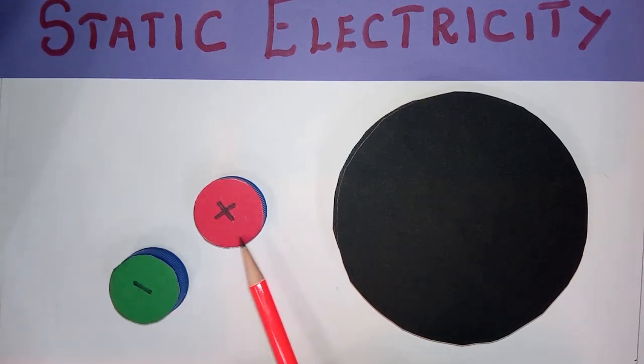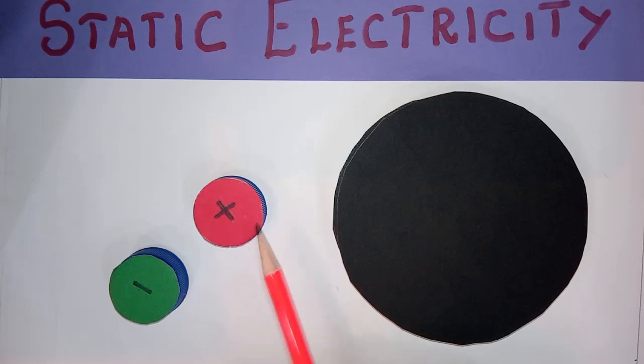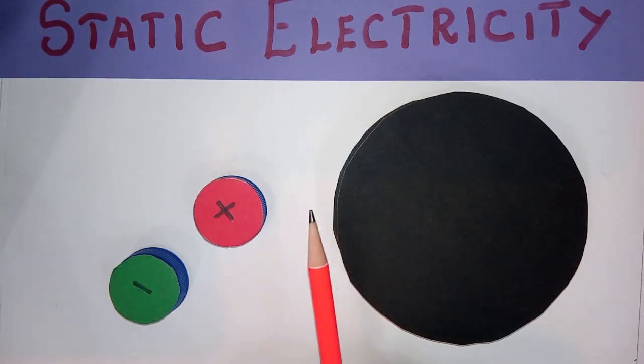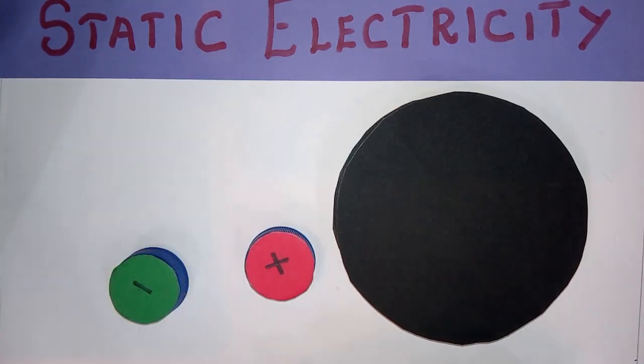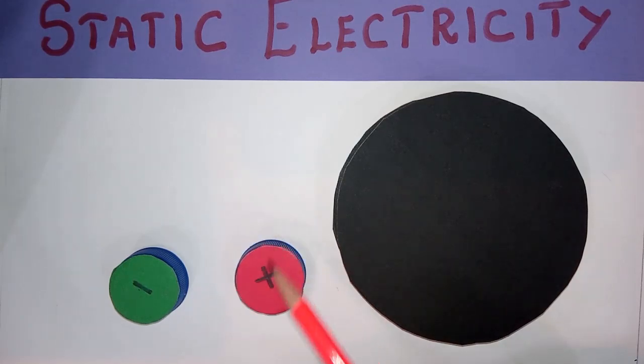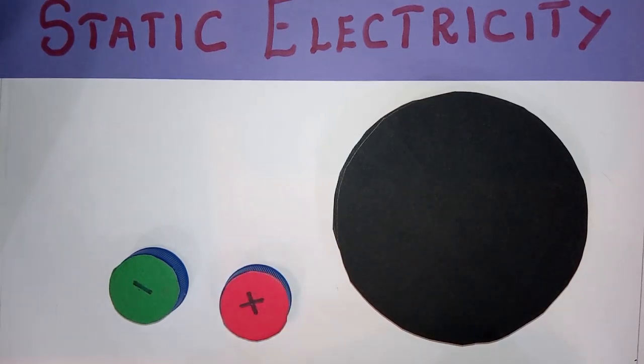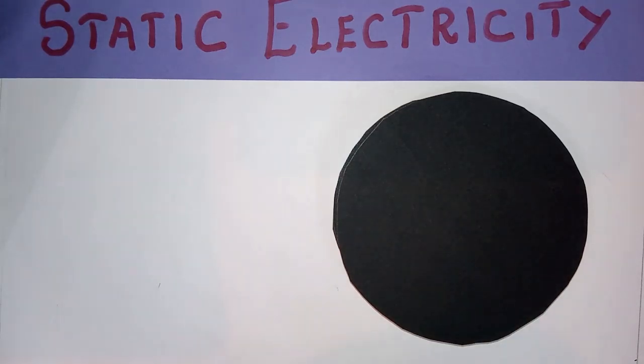Remember, the very important and main concept about this topic is that proton can't move. Saying move is just for our easy explanation and learning purpose in this video, but the actual concept is that protons can't move, only electrons transfer. So let's enter into our lesson.